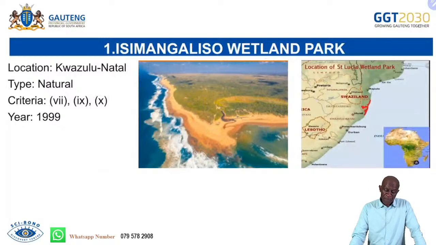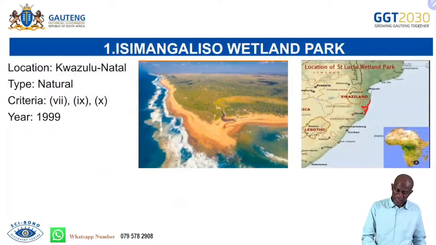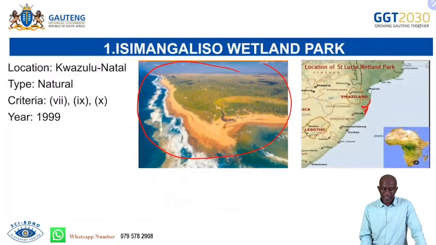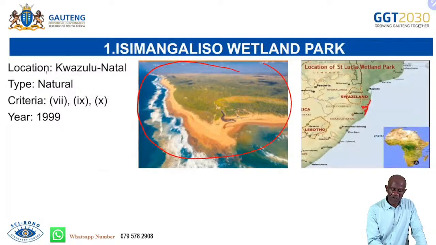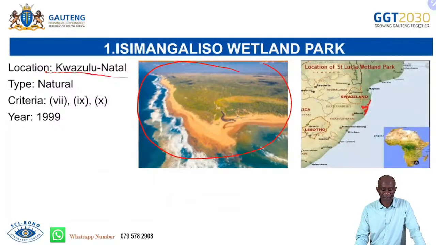The picture here depicts the Isimangaliso Wetland Park, and its location is the province of KwaZulu-Natal. Isimangaliso Wetland Park is found in the province of South Africa which is KwaZulu-Natal.